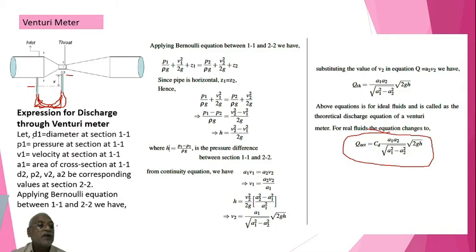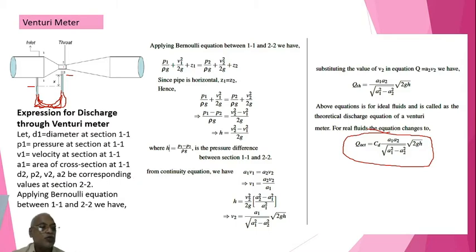Okay, let D1 be the diameter at section 1, P1 the pressure, V1 the velocity, and A1 the cross-sectional area at section 1. Similarly, at section 2 we'll have D2, P2, V2, A2 as the corresponding values.